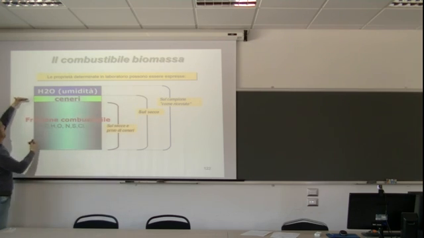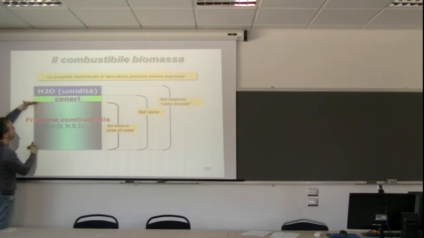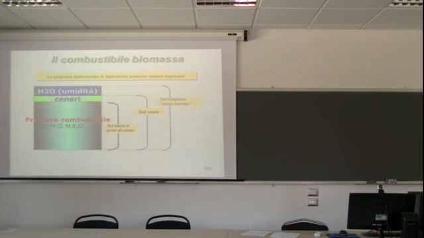So we are referring to only this part, so without water and without ashes. So for example, the content of carbon is 60% or 50% dry ash-free basis. So we refer only to this fraction, the organic fraction. And it's very important because every expression has a different meaning.